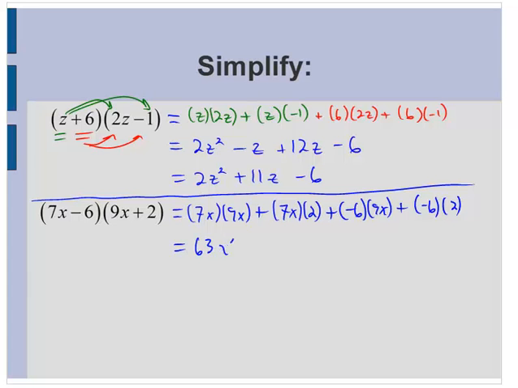So I'd have 63x squared plus 14x minus 54x minus 12. Combining like terms, I would have 63x squared minus 40x minus 12.